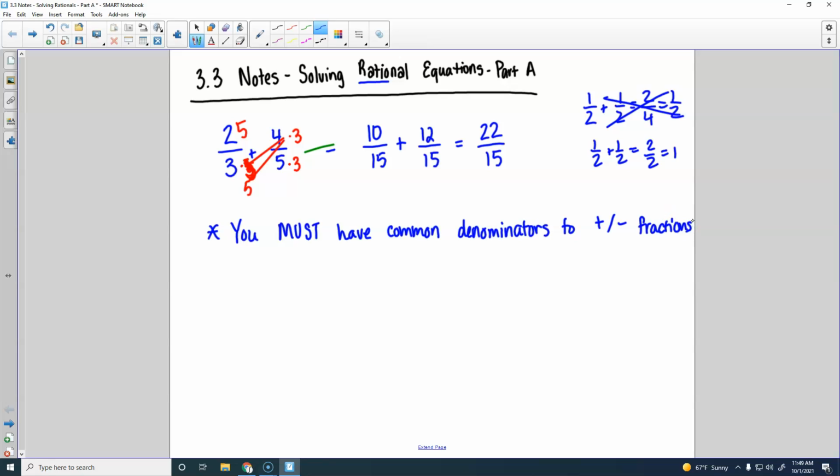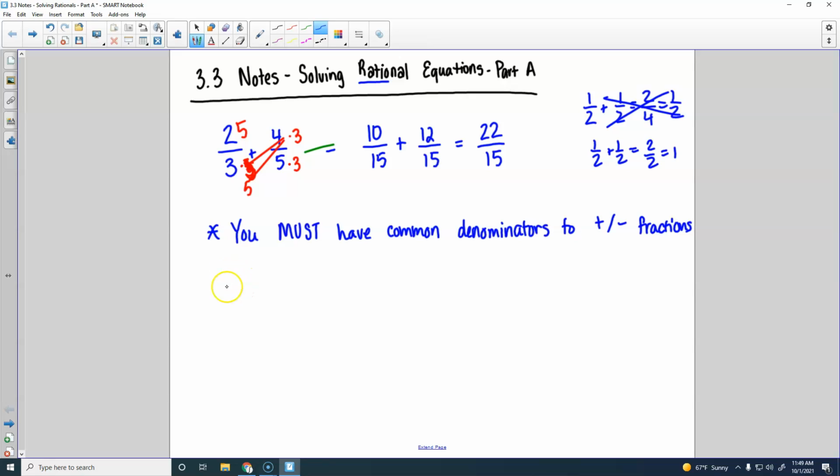So you must have common denominators. That is true if you're dealing with numbers. It's also true if you're dealing with some expression that has an x. Okay? So if you have a denominator of 3x, the other fraction has to have a denominator of 3x before you can add them together.